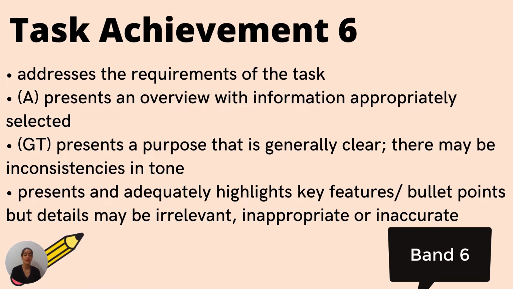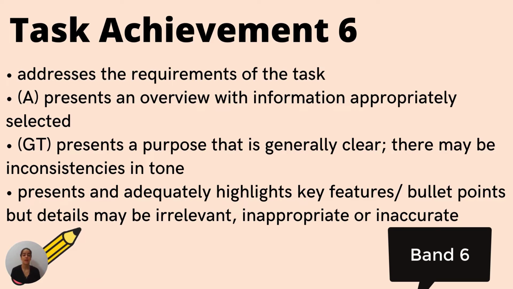So for candidates who are intending to go for general training, we see that kind of purpose, but there are some inconsistencies in tone. Sometimes you're using formal tone, sometimes you forget whom you're writing to, and you're using informal tone. So these kinds of inconsistencies will result in 6.